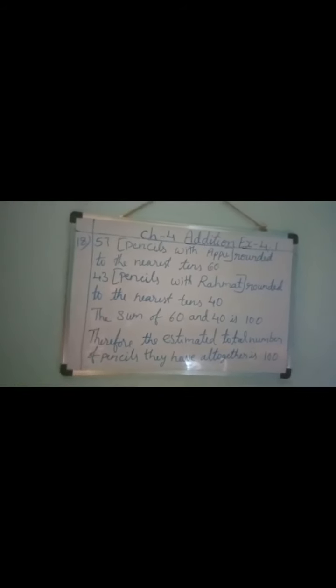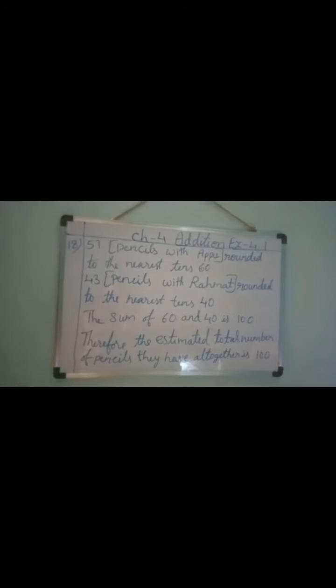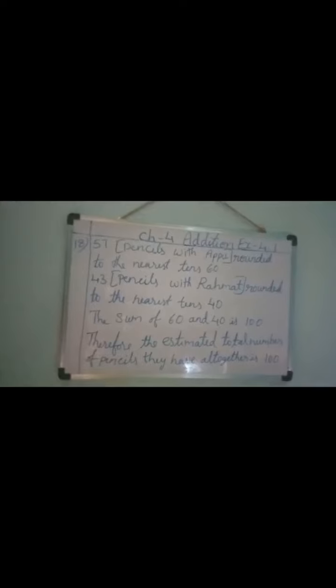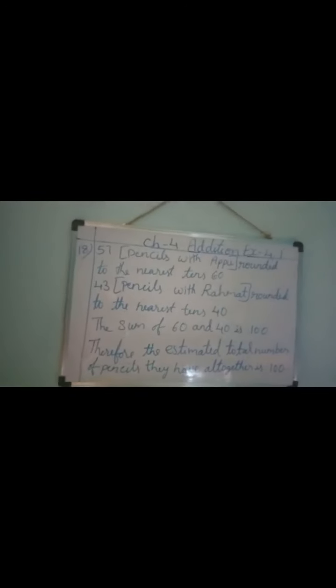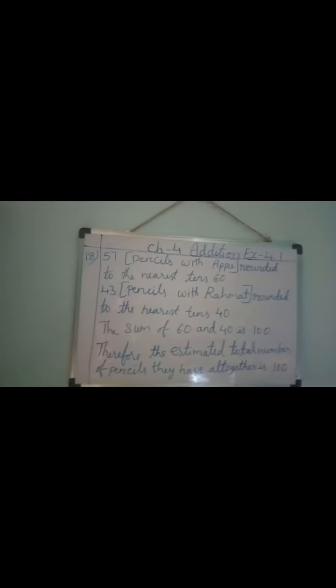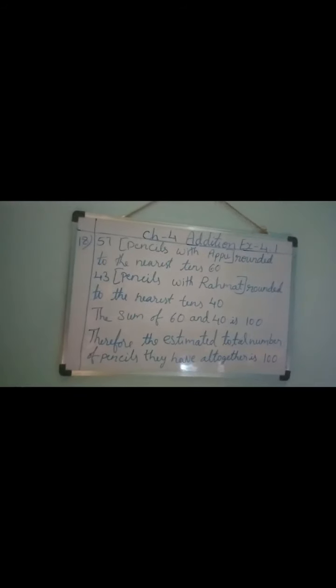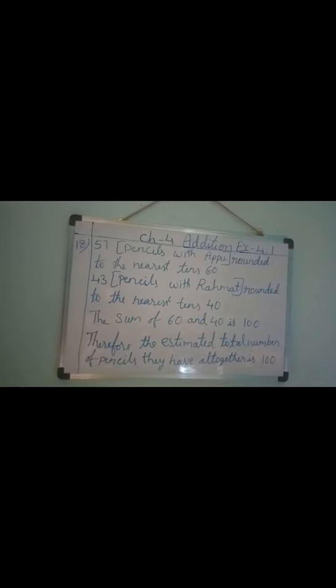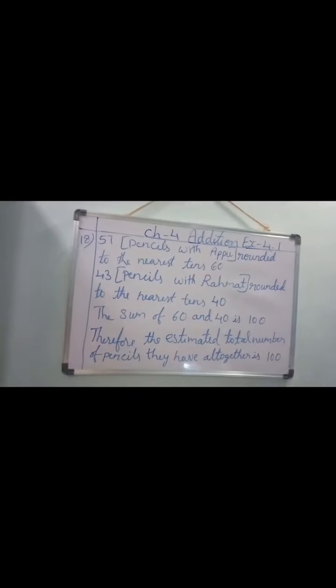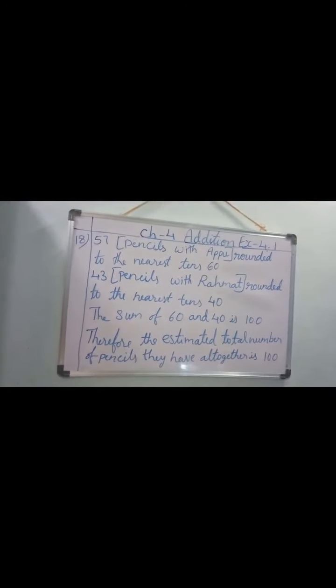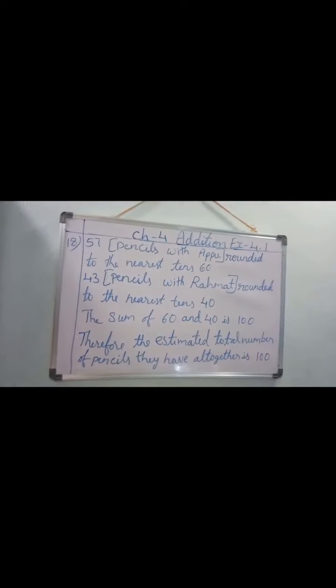The sum of 60 and 40 is 100. What you did there? 60 plus 40 you did. Understood? 60 plus 40 how much? 100. Therefore, the estimated total number of pencils they have altogether is 100.